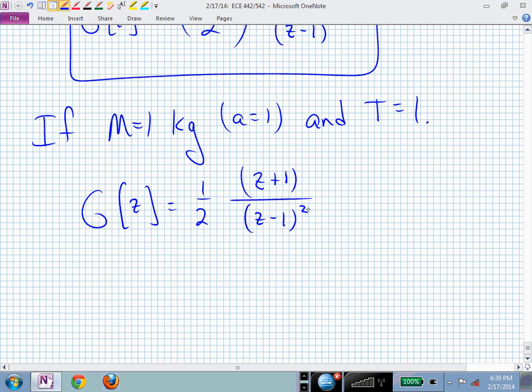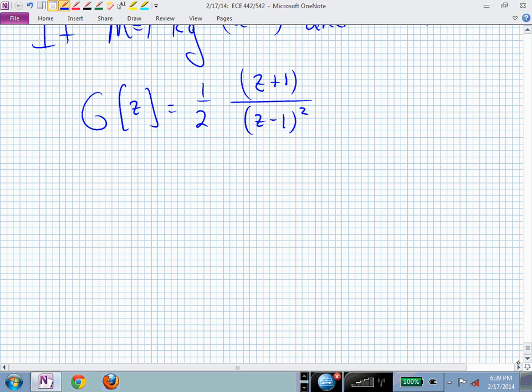Then my g of z, my zero order hold equivalent of a pure mass, becomes 1/2 z plus 1 over z minus 1 squared. And we are going to start to get comfortable, I hope, with sketching pole and zero diagrams in the z-plane, because if you've learned how to sketch root loci in the s-domain, the rules are the same for sketching in the z-domain.